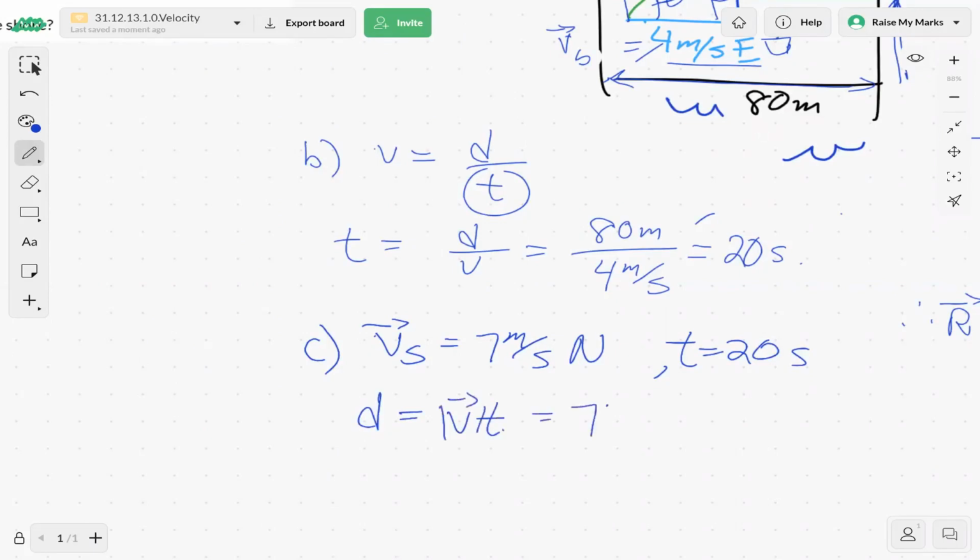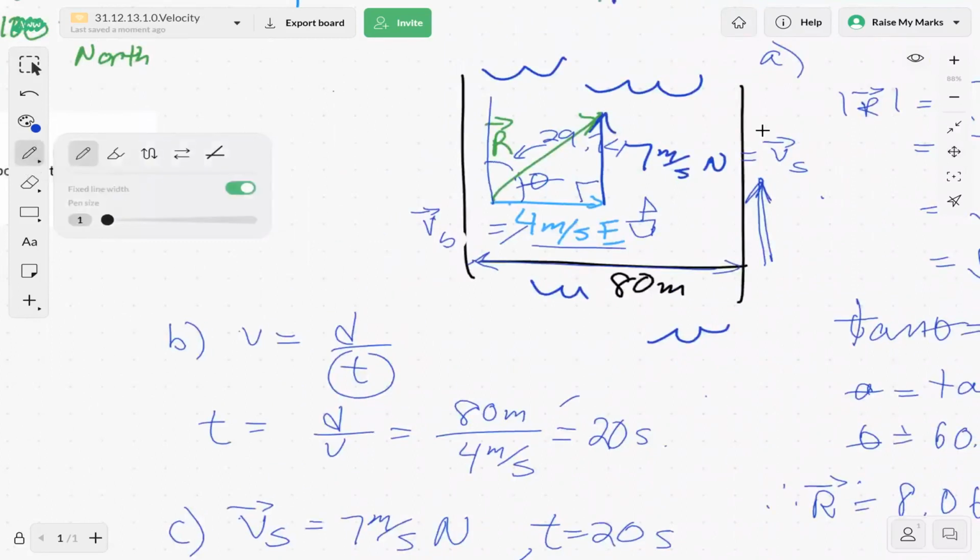Let's do that. 7 meters per second times our 20 seconds. And that gives us 140 meters. So we've now traveled 140 meters downstream. If we go back to our diagram, this distance traveled is 140 meters.